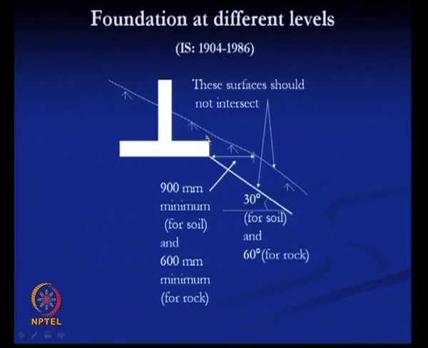Then the condition is that this line and the slope surface should not intersect. If these surfaces intersect, then we cannot provide foundation in such a condition. We have to locate the foundation somewhere else, so that it satisfies this recommendation, for soil as well as for rock.